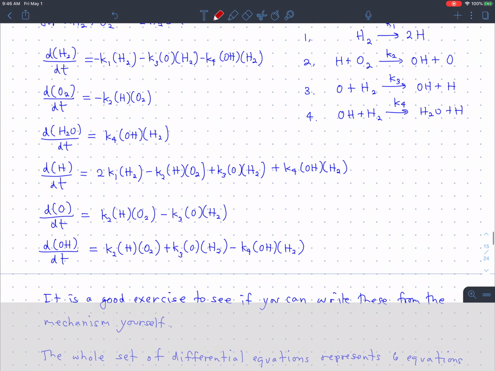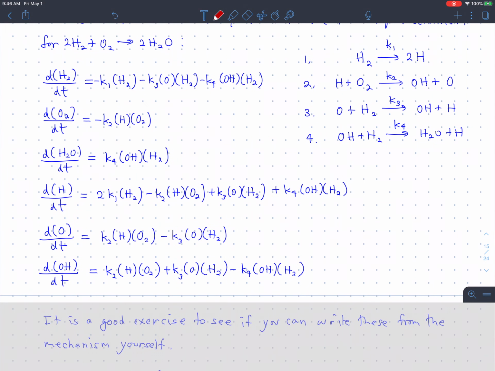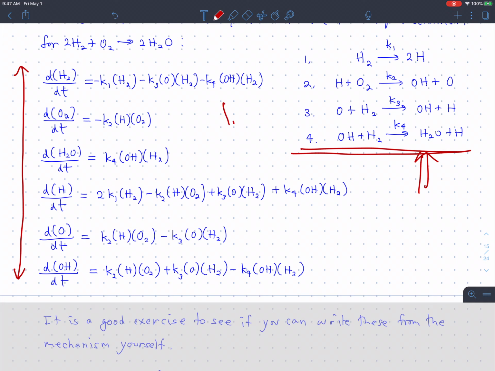All right, down here, I've written out all 6 of the rate equations for all 6 of the species that are present in this example mechanism for the water-forming reaction. I won't go through all these things in detail, it's just more and more of the same, but I very strongly suggest that people do that for themselves.